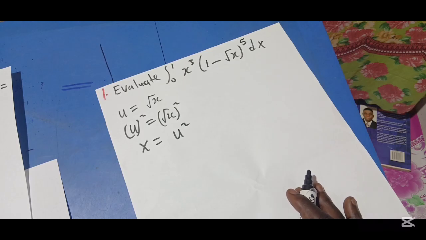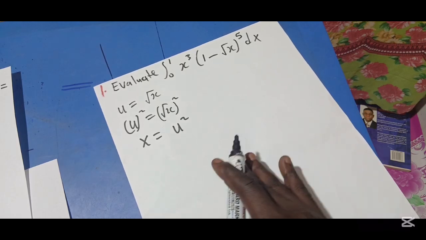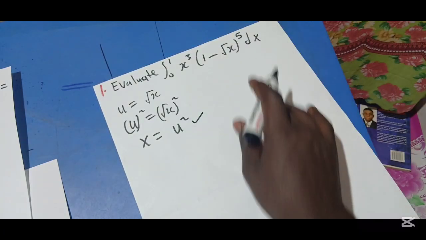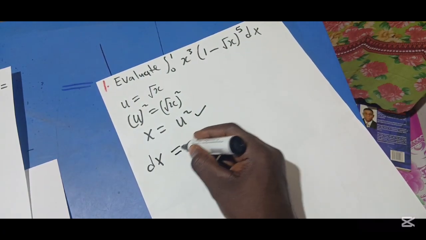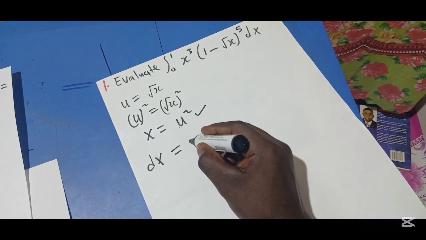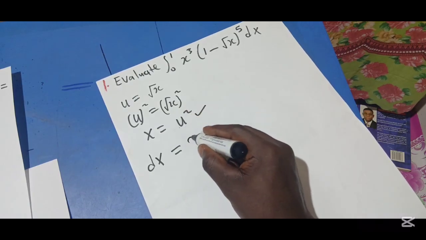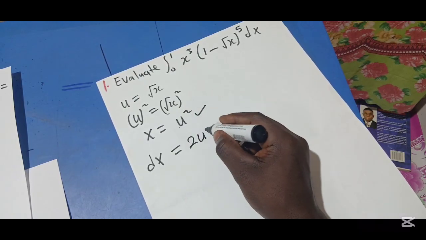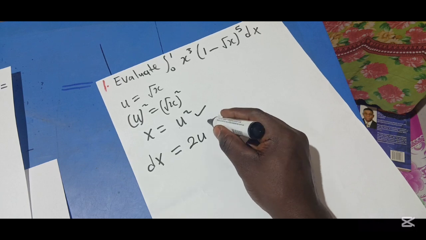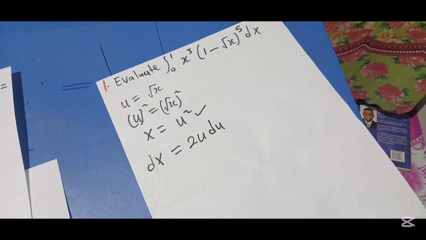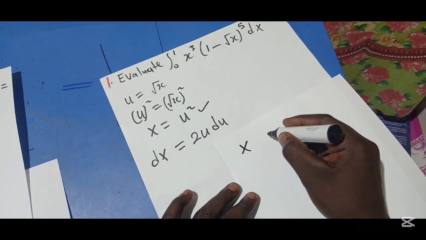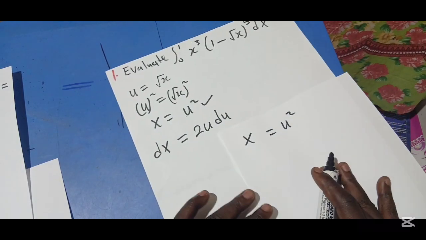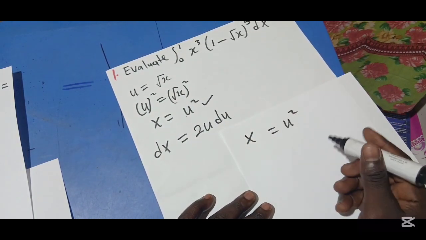We also have to solve for dx. So we know the derivative of x is 2 multiplying by u, and the power will decrease by 1, remaining 1, so no need to bring it here, du. This is just like saying my x equals u squared, and I want to change this with respect to u.